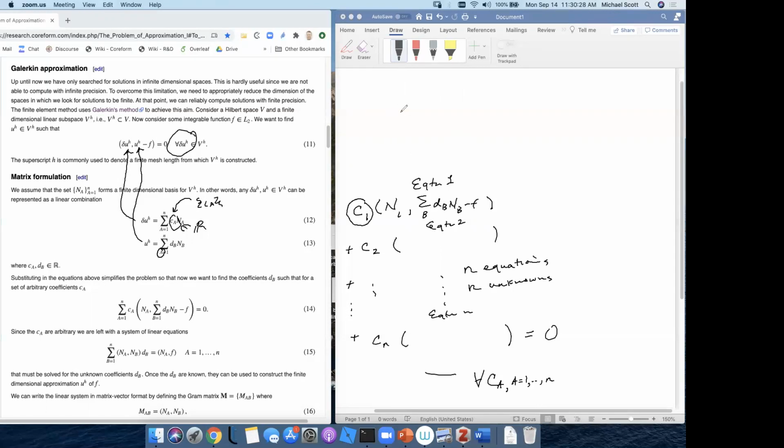Let's talk about, do you remember the definition of linear independence? What was the definition of linear independence from our previous lectures? Right, you had a sum, let's say a equals 1 to n, c_a n_a, equal to zero, and then we said if and only if what?